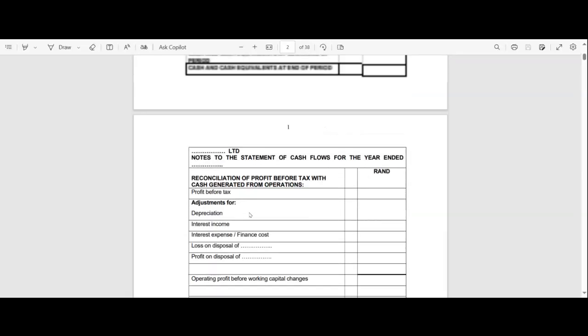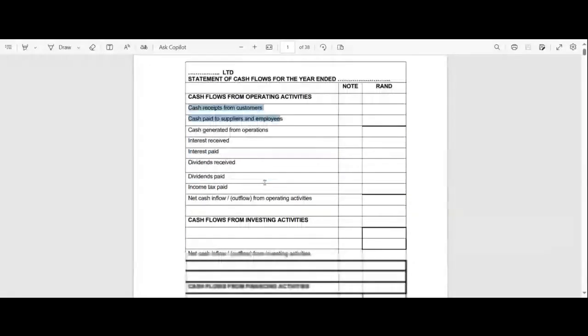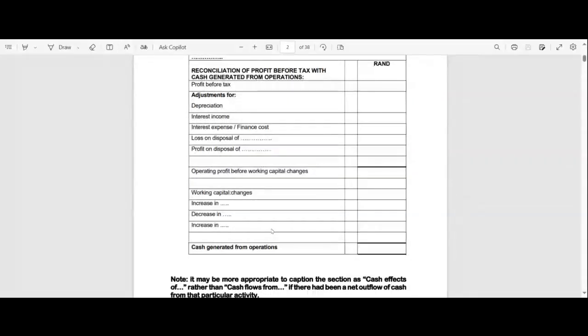We are going to make that adjustment to eliminate the effect of the accrual system on our operating profit, so that what we are finally left with here is a cash flow. And not only any cash flow, it's the cash flow from our operations. The same as if we had taken cash receipts from customers less cash paid to suppliers and employees, we get to the same figure.